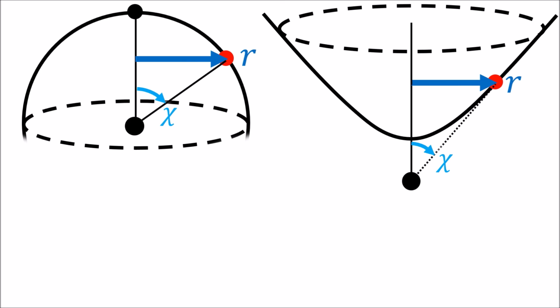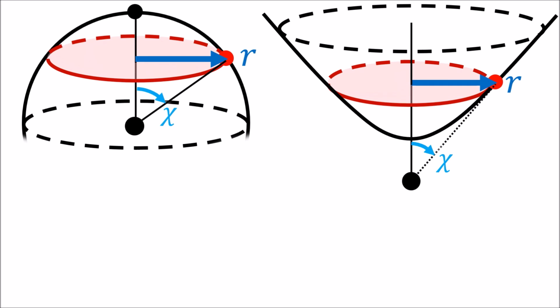So with the r coordinate, we're not measuring the true walking distance from the origin to a point in the curved space. Instead, we're drawing a circle around the origin containing that point with a constant radius.